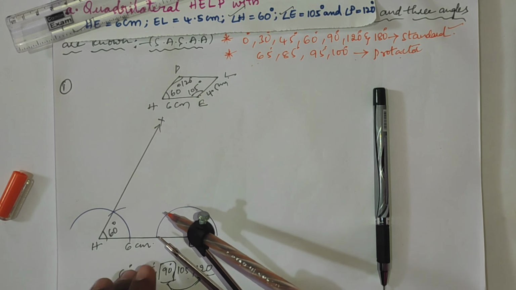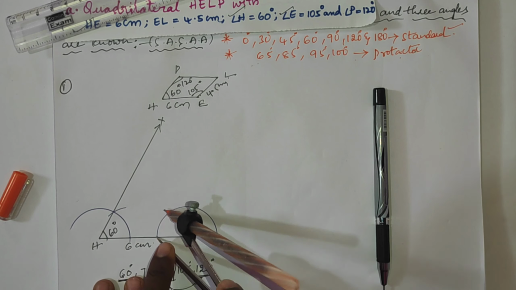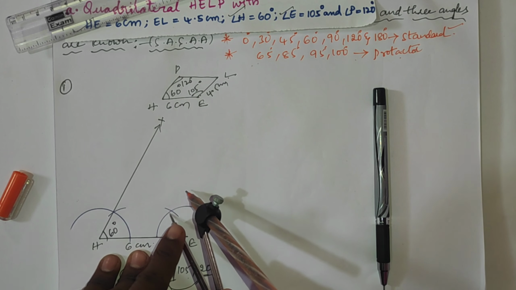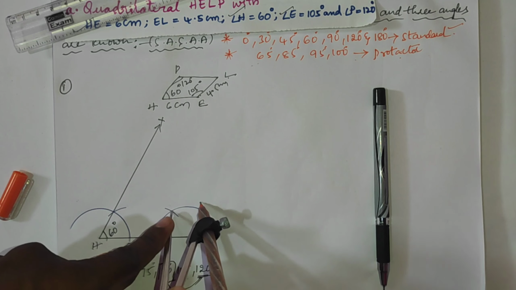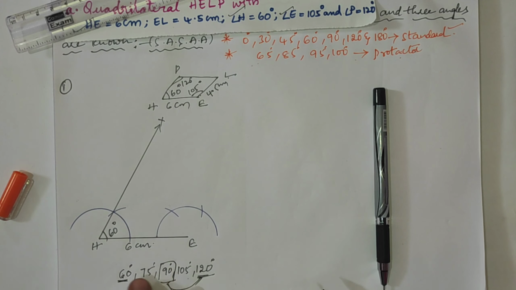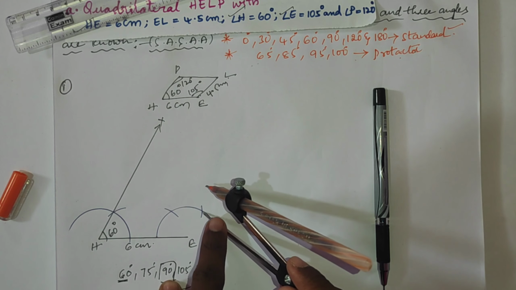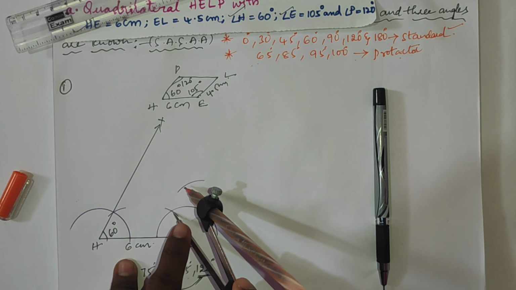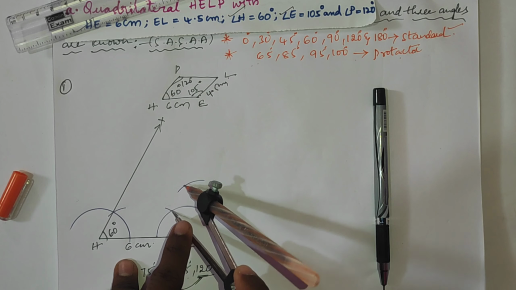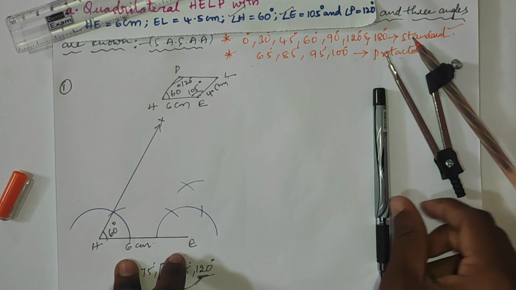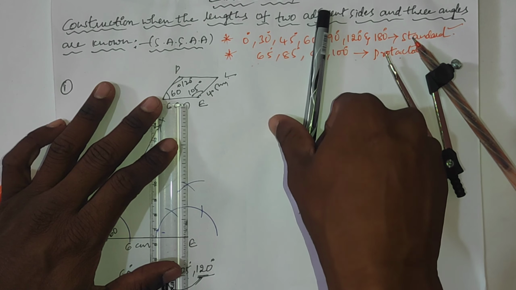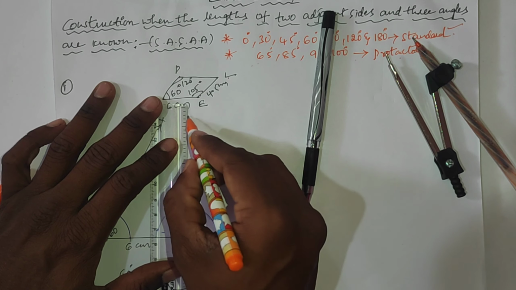Taking this point as center, draw an arc and cut this arc, this is 60. If you double 60, 60 plus 60 becomes 120. Between 60 and 120, the angle we get is 90. Taking 120 as a center, drawing an arc, and 60 as the center, cutting this arc, we got the intersecting point. This is 90 degrees. I am indicating it with dotted lines here.